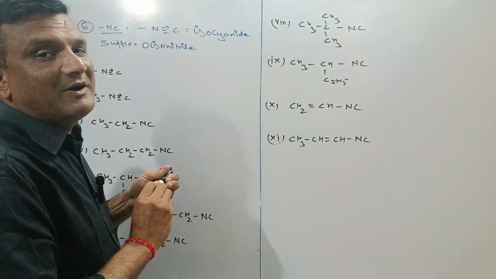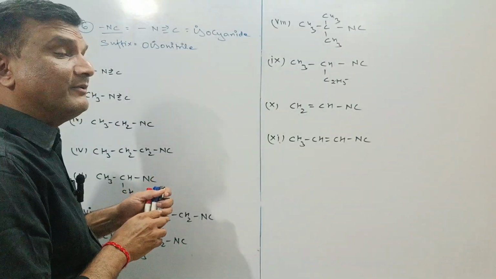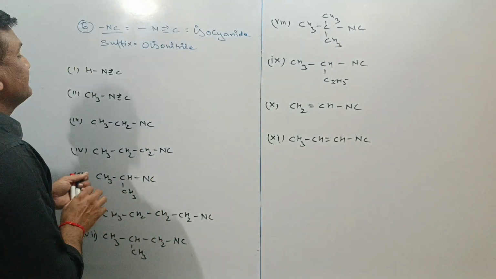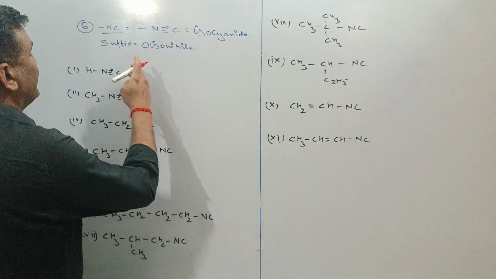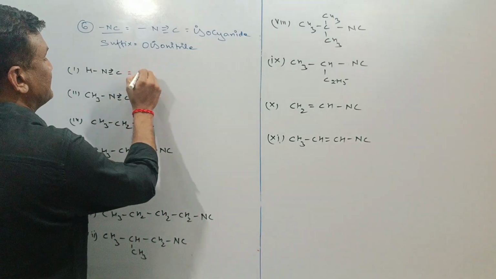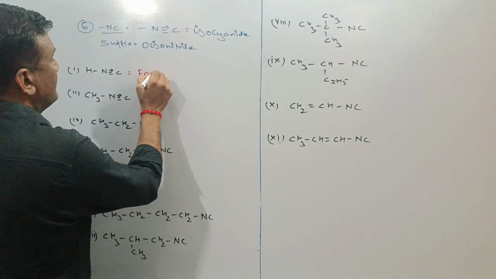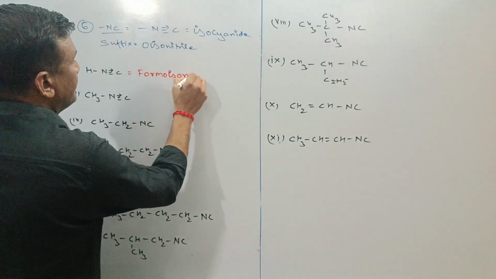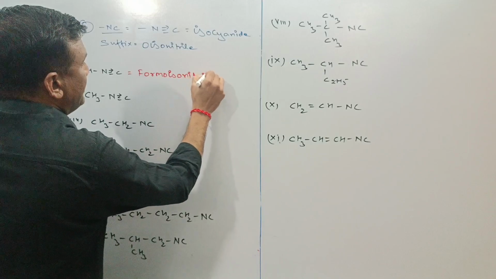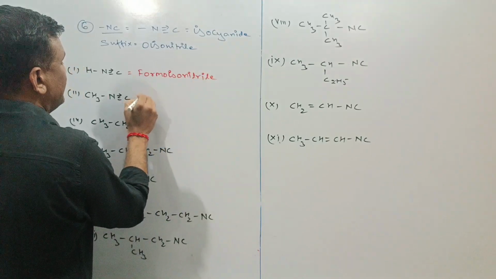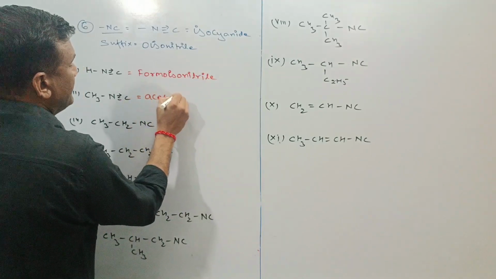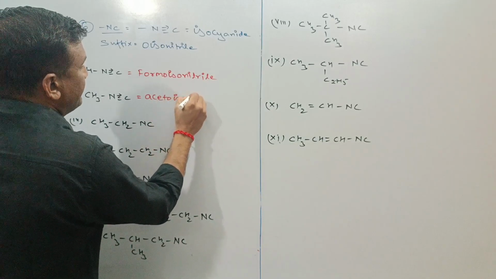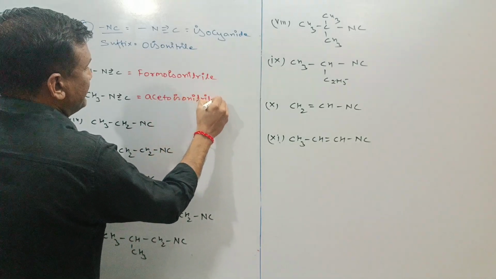Now the time to discuss the names of the compounds. If I go with this compound, then it has only one carbon atom, so it will be formo isonitrile. This is called aceto isonitrile.